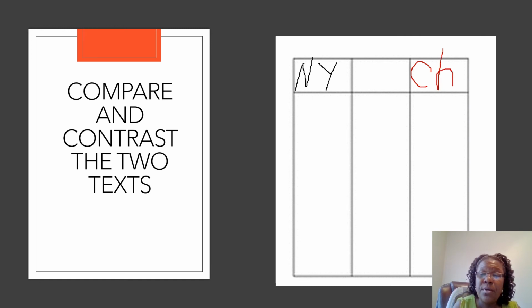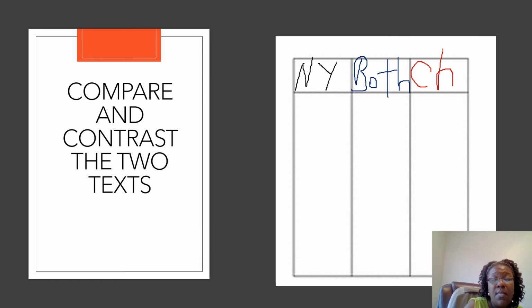And then in the middle, we're going to do both, how they're both similar. So, what do you know about New York? One thing about New York that you learned from the story. I'm going to look at my story.